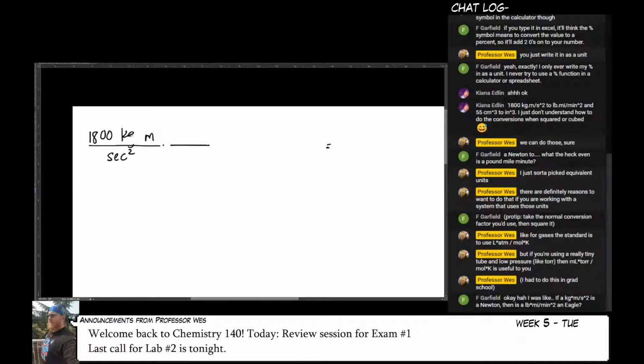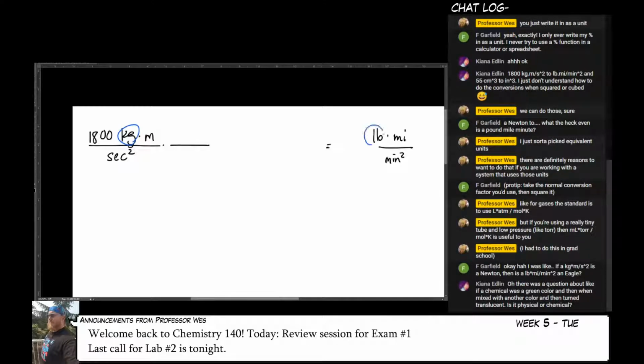Don't do that. So I want to do pounds, miles. So kilograms to pounds. That's what I meant to do. All right. So we'll turn kilograms, which cancels, into pounds. There we go. So we'll do that conversion, and we'll get the number later.